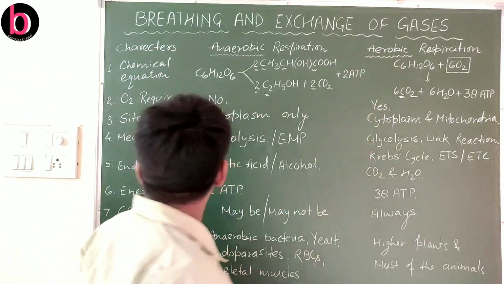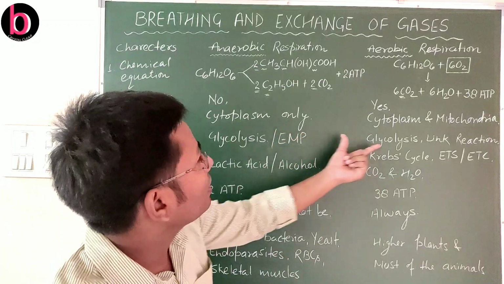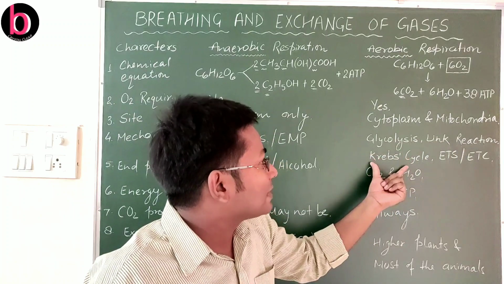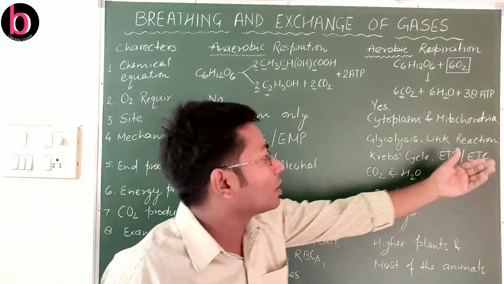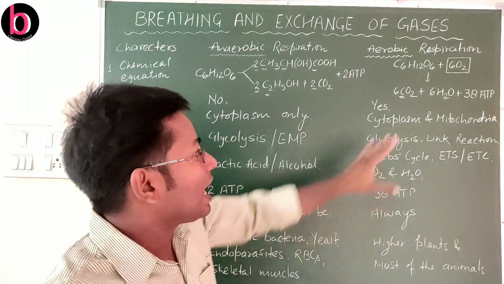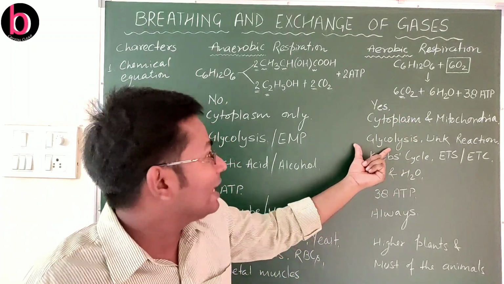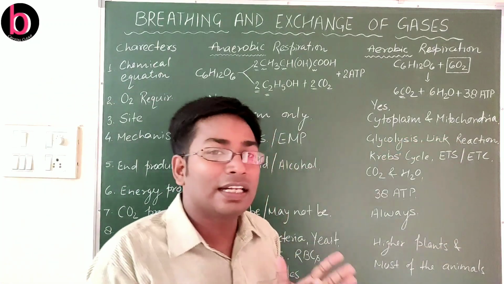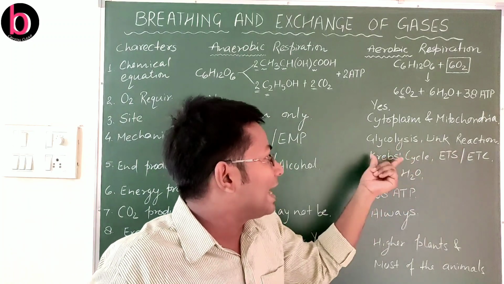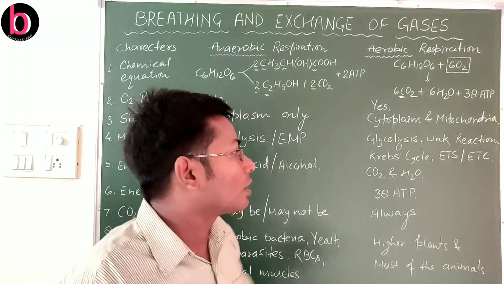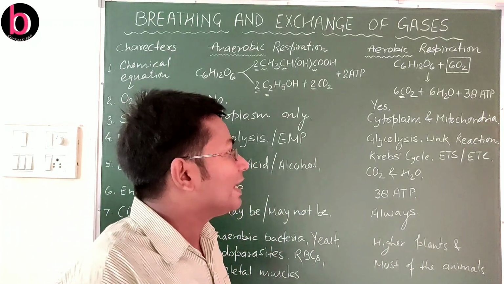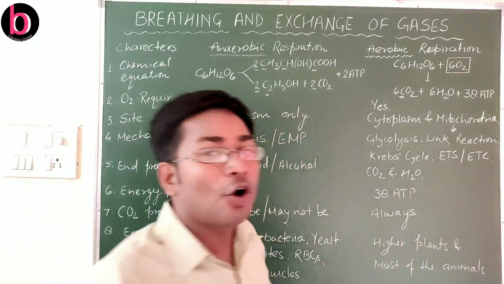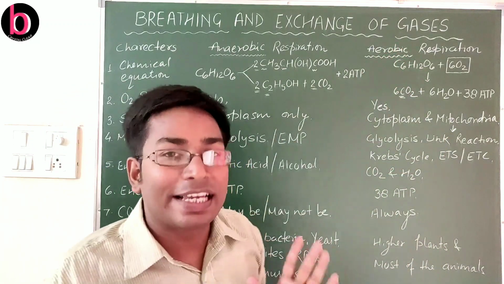While in case of aerobic respiration there is glycolysis, link reaction, Krebs cycle, and electron transport system or electron transport chain. Out of these 4, the first one, glycolysis, occurs in cytoplasm, while the next three reactions, link reaction, Krebs cycle, and electron transport chain, take place in mitochondria. As we discussed, there is need of mitochondria during aerobic respiration.